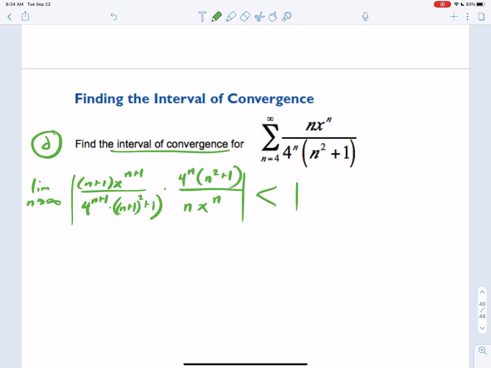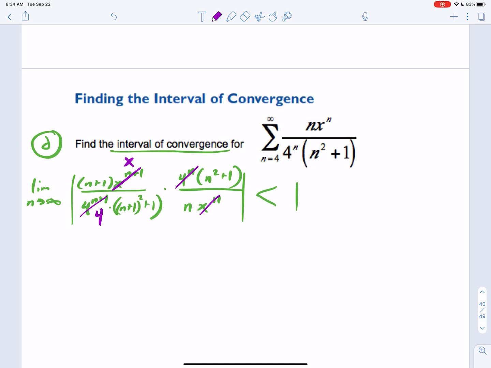Okay, all right, here we go. So x to the n and x to the n plus 1 will reduce out to just an x in the numerator. 4 to the n and 4 to the n plus 1 will reduce out to just 4 in the denominator. And then everything else here I can't really simplify because I don't have any factors that I can reduce. Okay?